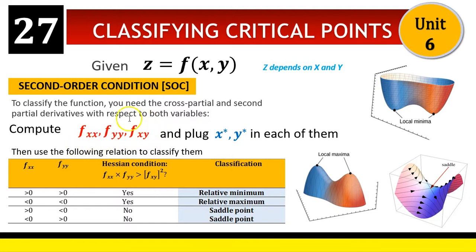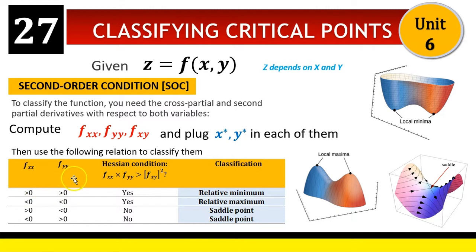And once we have these three functions, we plug in our critical points. Then we need to use the following relationships in order to classify our points.